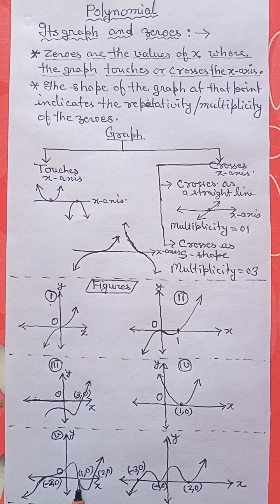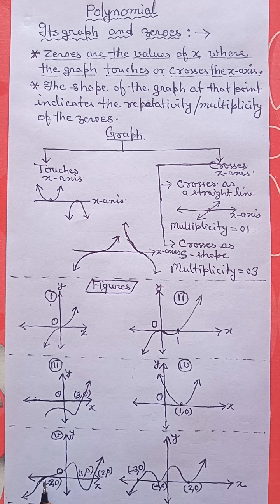Similarly, here the graph crosses the x-axis at (1, 0) and therefore x equal to 1 is also a zero of the polynomial. It crosses as a straight line, therefore its repetitivity is 1. Similarly, here the graph crosses the x-axis at (2, 0). Therefore, x equal to 2 is a zero of the polynomial and its repetitivity or multiplicity is 1.